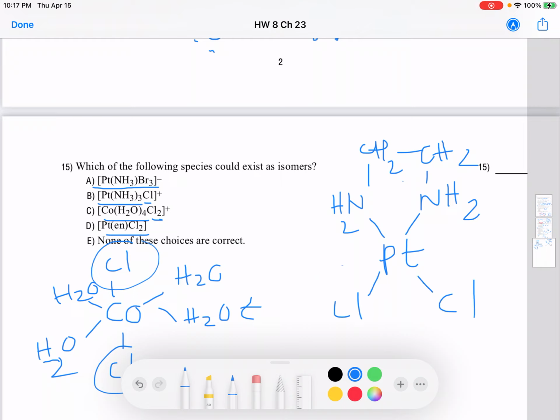So this is a ring, a bidentate. If you try to do it another way, it would end up being the same thing. So only C can participate in cis-trans isomerism. Okay. All right then. Talk to you later.